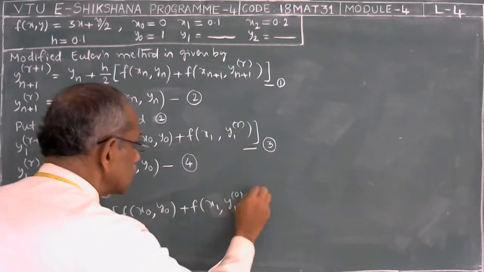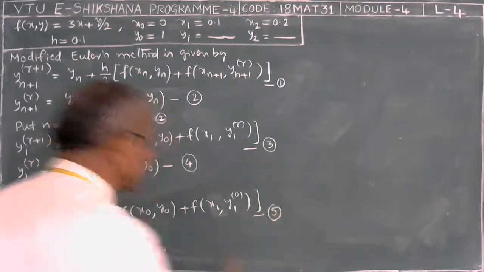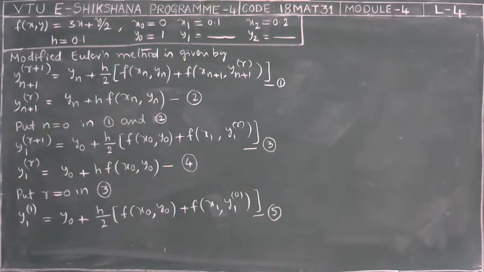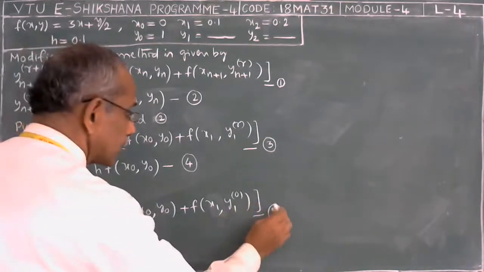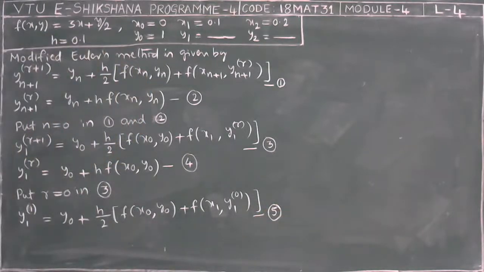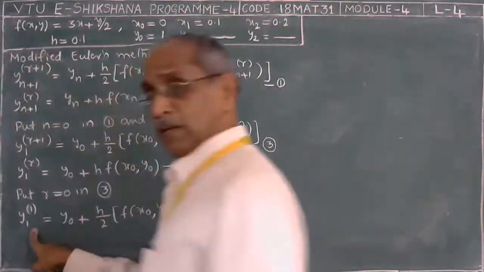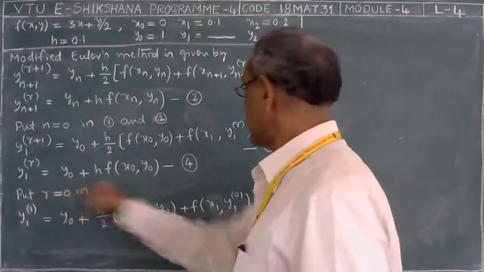Call this equation number 5. So y10 I need to calculate to find out y11. I get y10 from equation 4.